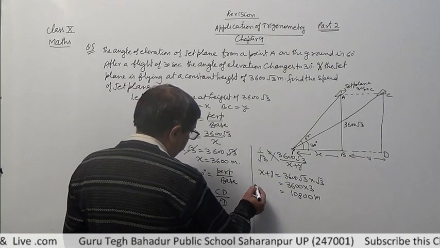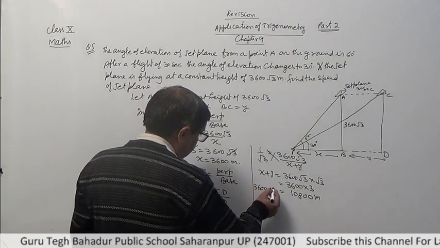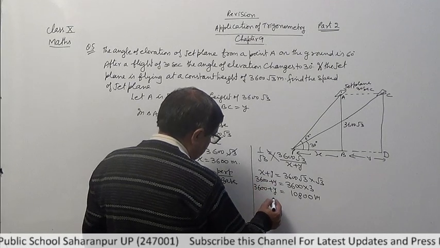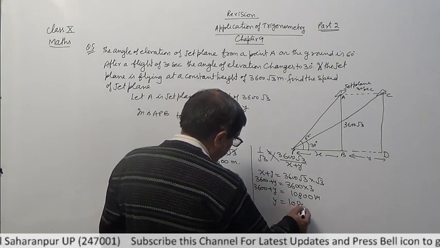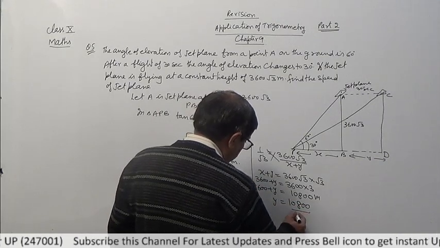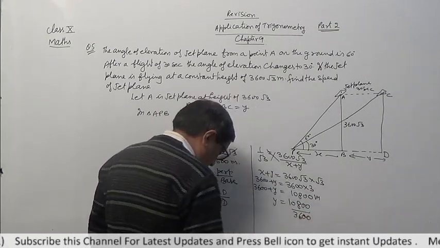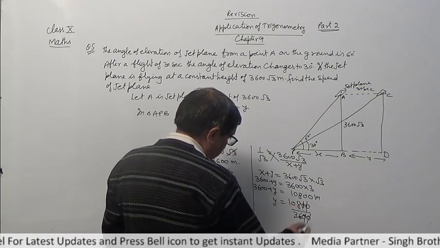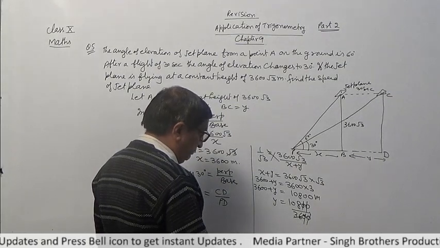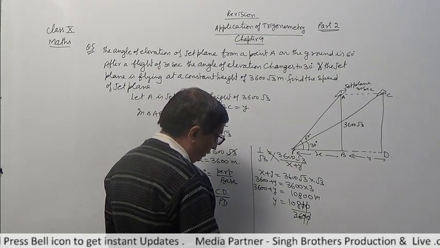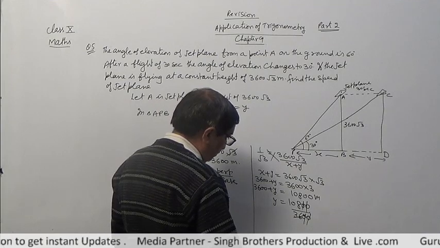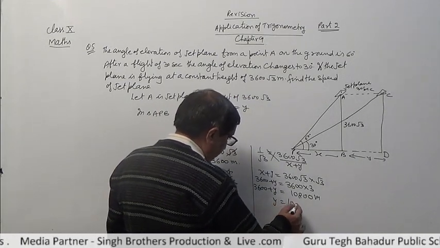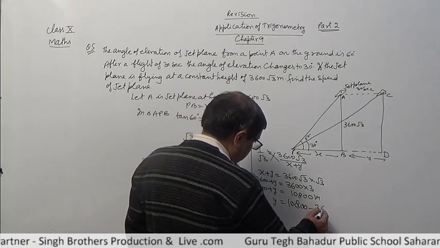Value of X is 3600, so Y is equal to 10,800 minus 3,600.